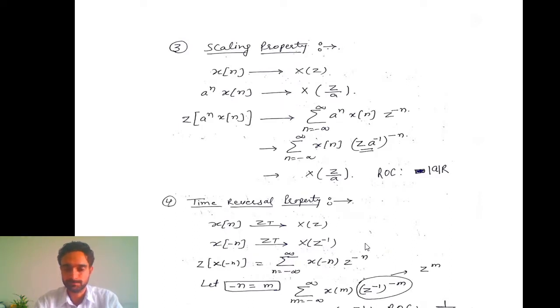And the ROC can be defined as 1 by R, where R was the ROC of x of n. If we reverse this signal, then the ROC will be 1 upon R.